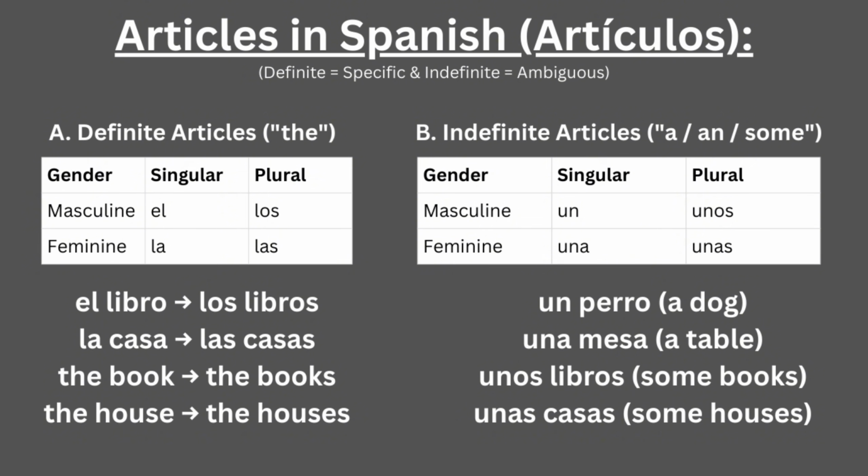El libro, la casa. Indefinite articles are un, una, unos, unas. Some examples are un perro, una mesa, unos libros, unas casas.